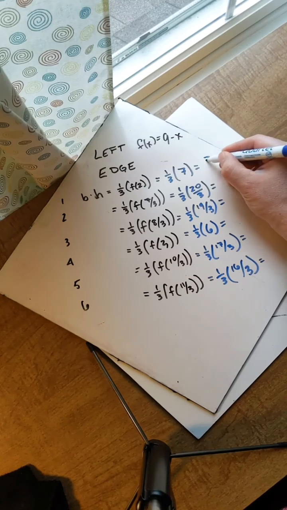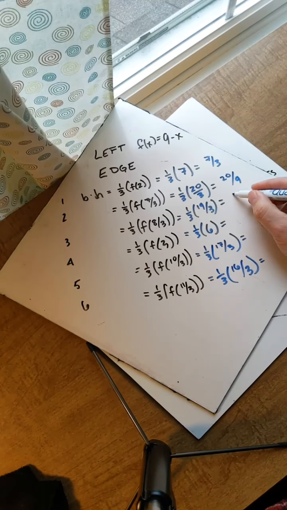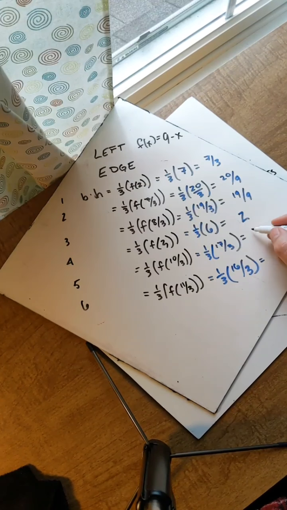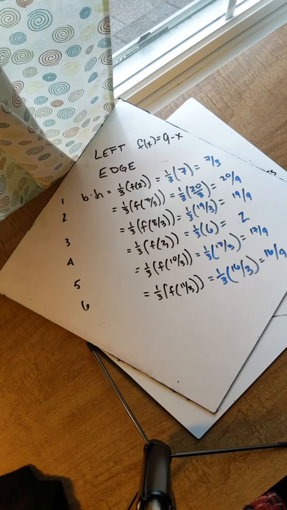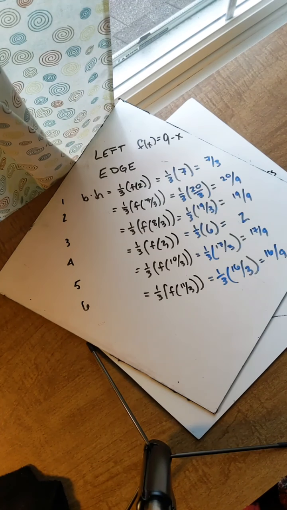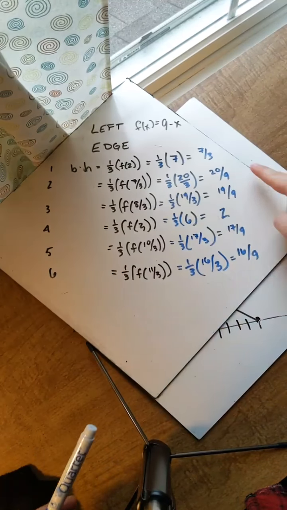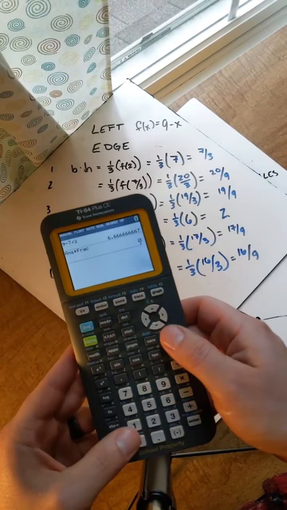So if we go through every rectangle here, this one would be 7/3. This one here would be 20/9. This one here would be 19/9. 6 divided by 3 is just straight up 2. And then we'd have 17/9, and then 16/9. So our left edge area is adding all these up.